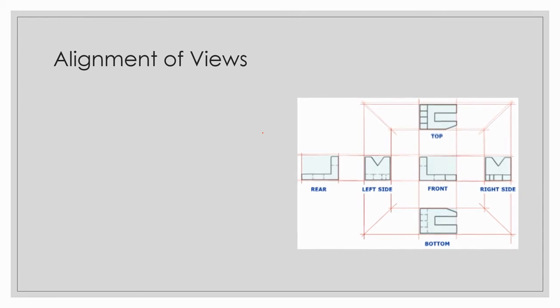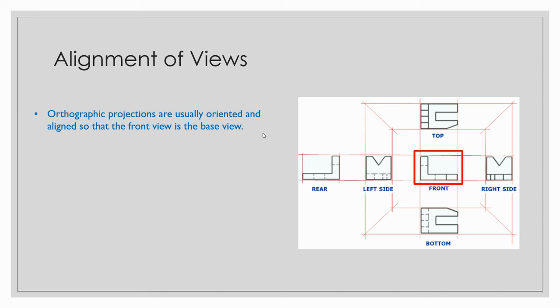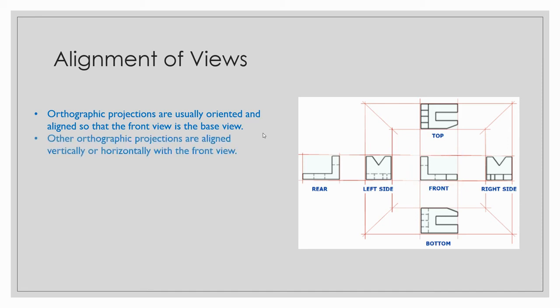So if we take an actual object that's drawn flat or orthogonal, let's use this shape for an example. We have to have our base view. And so orthographic projections are usually oriented and aligned so that the front view is the base view. Other orthographic projections are aligned vertically and horizontally from the front view.